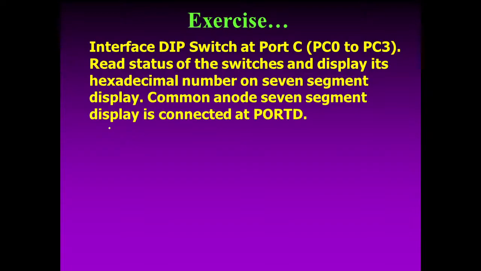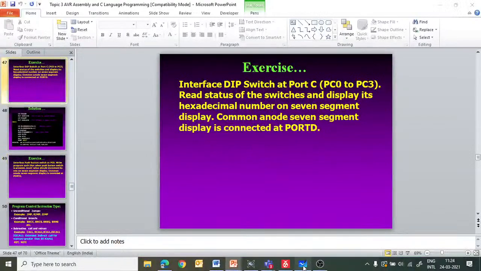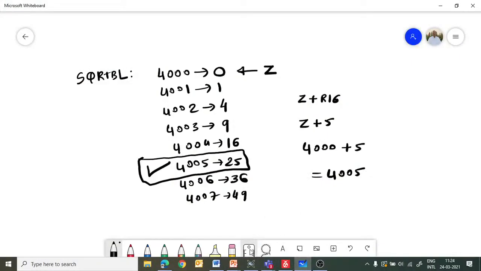I will explain that using a whiteboard so that it becomes very clear to you. Let's say we have an AVR microcontroller here, and we have a 7-segment display available here.